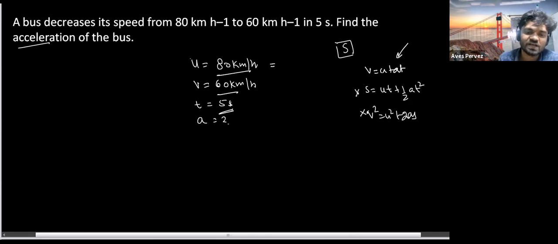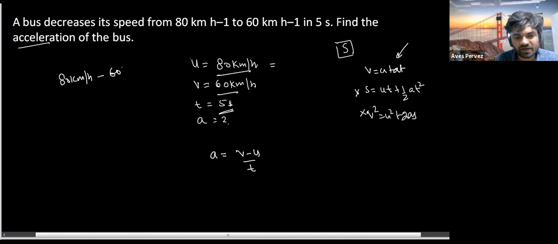Another way: we need to calculate the acceleration. We know that acceleration A is equal to V minus U by T, which can be derived from this equation. If I subtract 60 kilometer per hour from 80 kilometer per hour, the result will be 20 kilometer per hour.